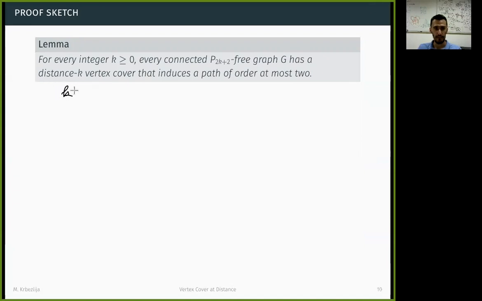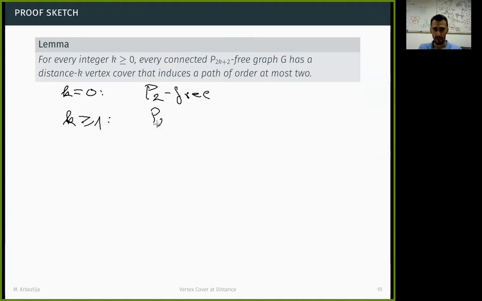If k is equal to 0, then our graph G is P2 free. That is, G is edgeless. On top of it, G is connected. So G is a graph with at most one vertex. And therefore, the statement trivially follows. Suppose now that k is greater than or equal to 1.